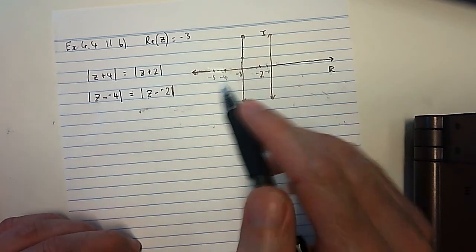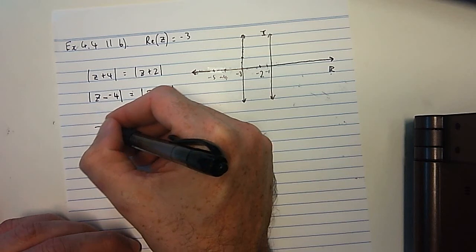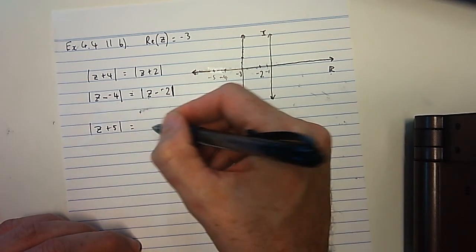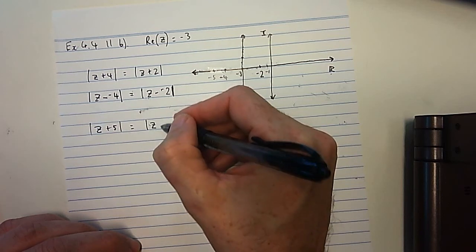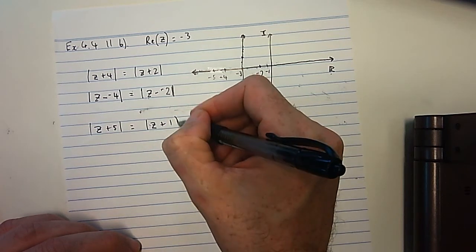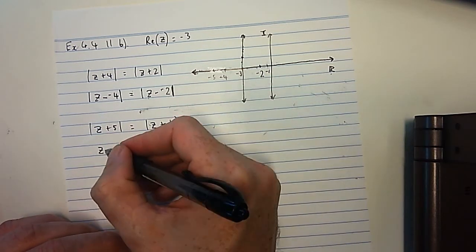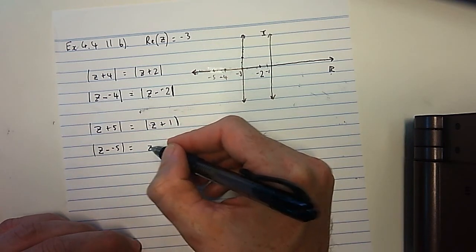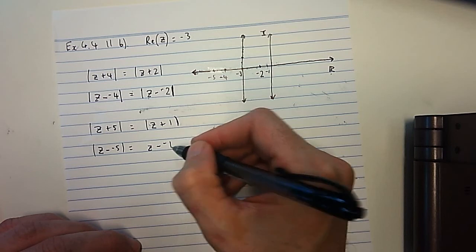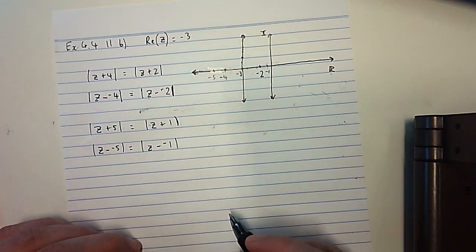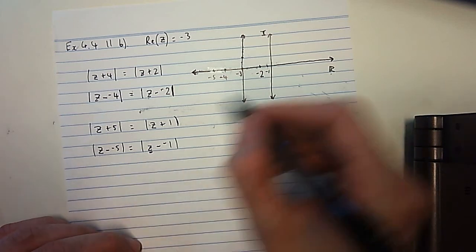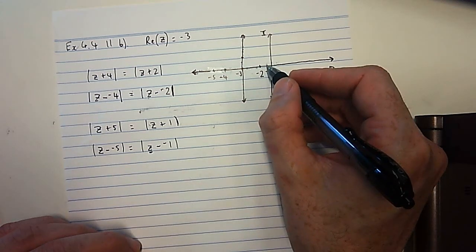So I could have also written it as |z + 5| = |z + 1|, which is the same as the distance of z to -5 is equal to the distance of z to -1. We're saying what values of z exist for that situation.